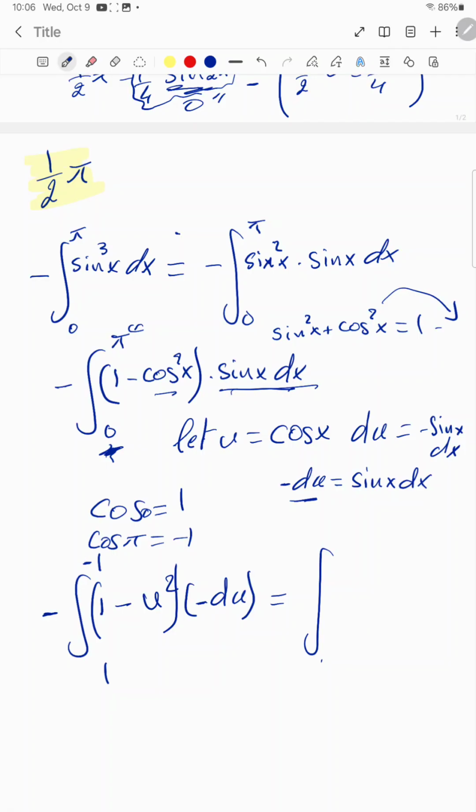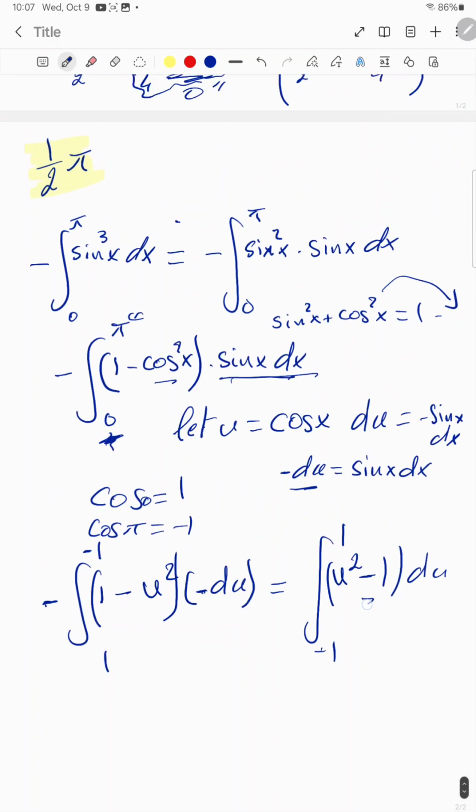Usually what I do is put the lower number in the lower bound. So if I flip it to go from minus 1 to 1, I have to change the sign of my integral, so it becomes minus again, because minus times minus is equal to plus. But by flipping it, I will change it inside. I'll keep it plus here, and I will put u square minus 1 instead of minus u square plus 1. So u square minus 1 du. That's easier.